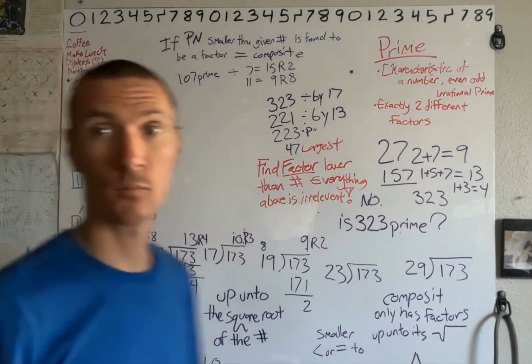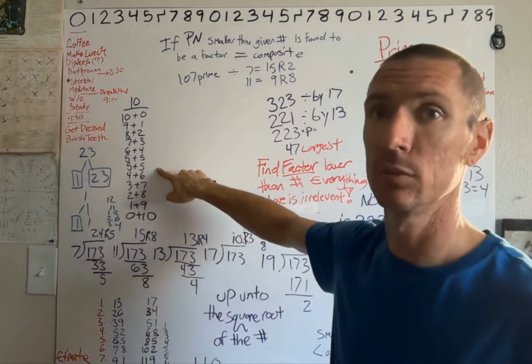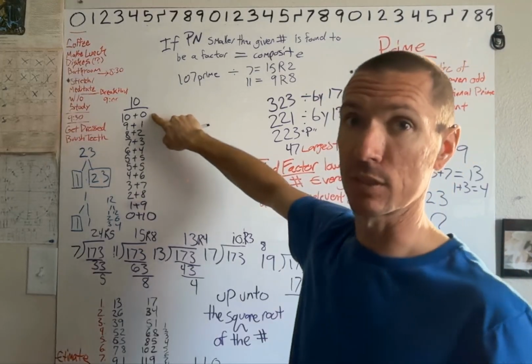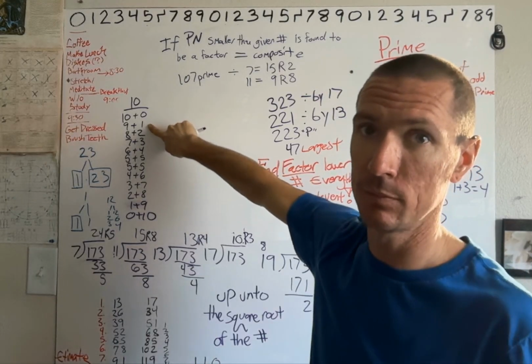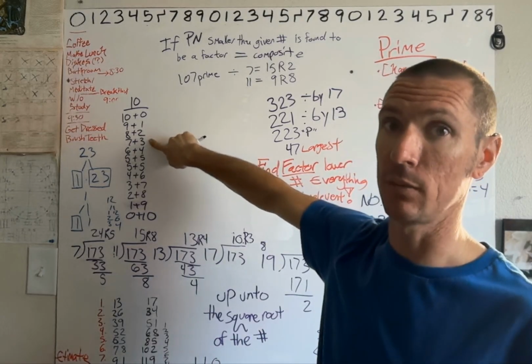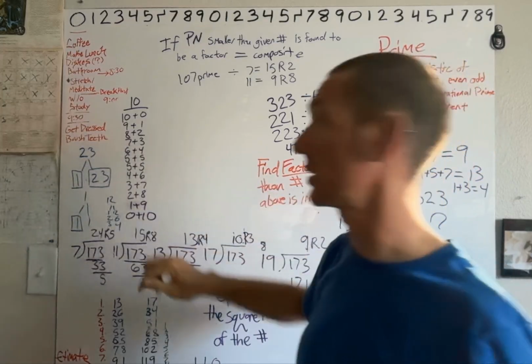When you break up 10 into its counterparts, 10 plus 0 is equal to 10. 9 plus 1 is equal to 10. 8 plus 2 is equal to 10. 7 plus 3 is equal to 10. 6 plus 4 is equal to 10. And 5 plus 5 is equal to 10.